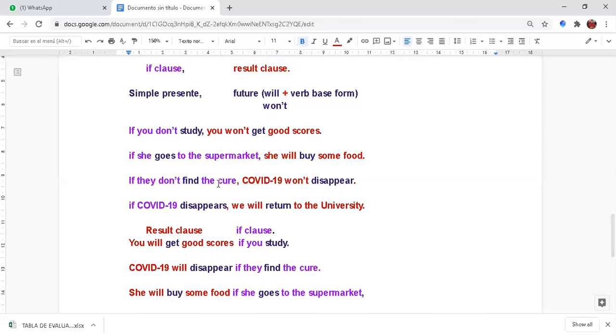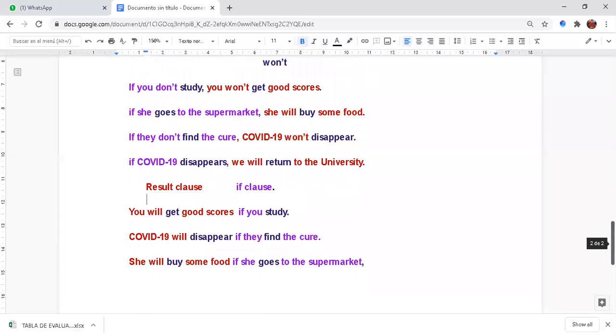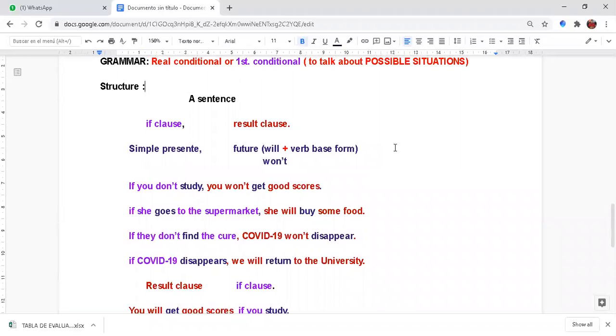It can be affirmative, it can be negative. It depends on the meaning, on what you want to say, and you are going to use it in that way. That is, my friends, when we talk about real conditional, or first conditional, to talk about possible situations.